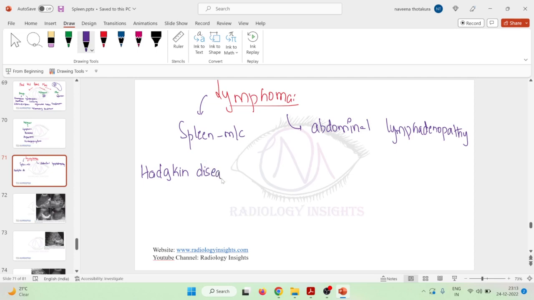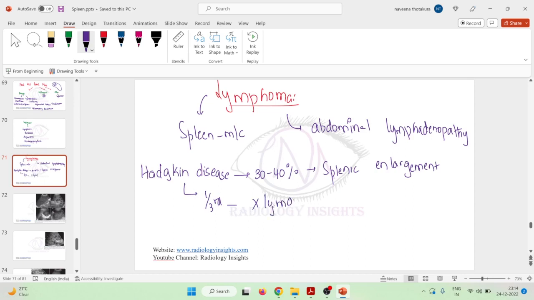In Hodgkin's disease, almost 30 to 40% of patients will have splenic enlargement, and almost one third of the patients have no lymphomatous involvement of the spleen.